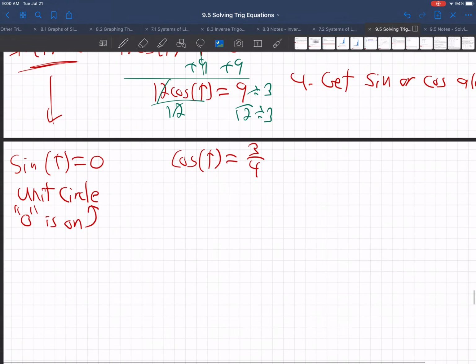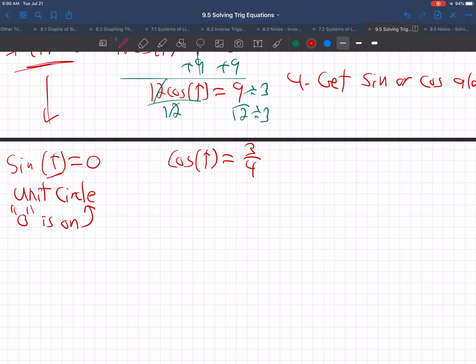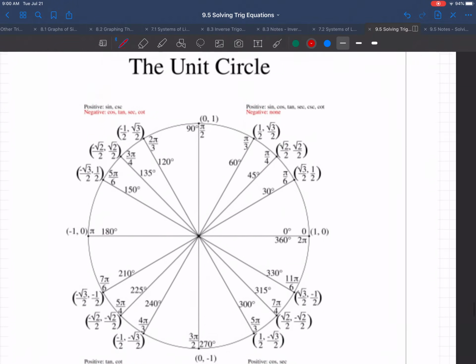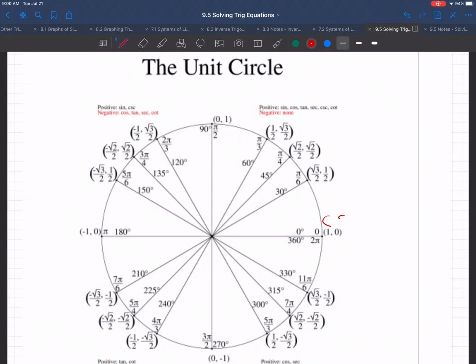Sine of what angle is 0? What is t so that the sine of it is 0? Let's go find where sine is. This is cosine, sine. Well, there's sine 0 already. We're looking for sine 0. Is there anywhere else? Oops, I did that backwards. Cosine first and then sine. There's another one. Those two places, the sine is 0. At what?